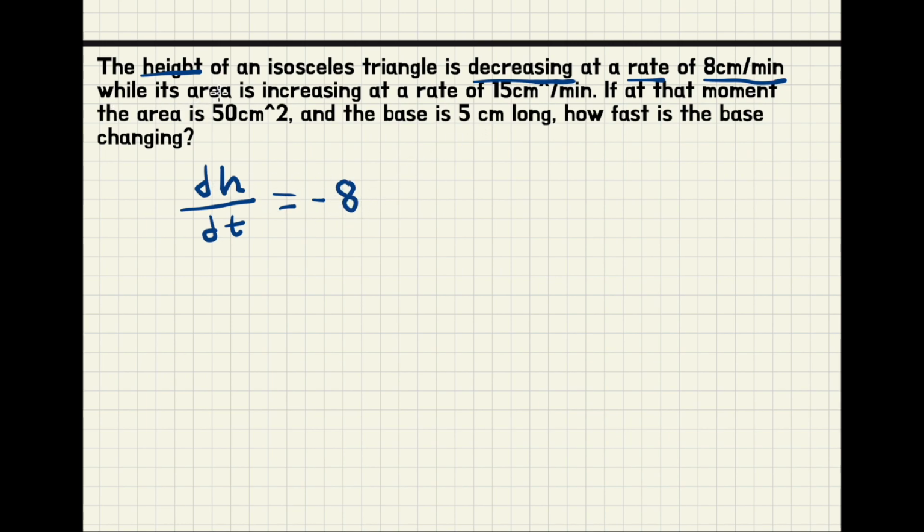Moving on. While its area is increasing at a rate of 15 centimeters squared per minute. So a rate, its area is increasing at this rate. So we can say the derivative of area, which is A, with respect to time, is equal to, increasing, so positive 15.